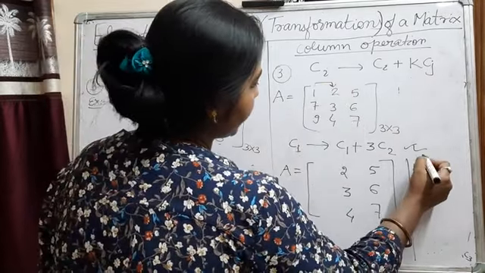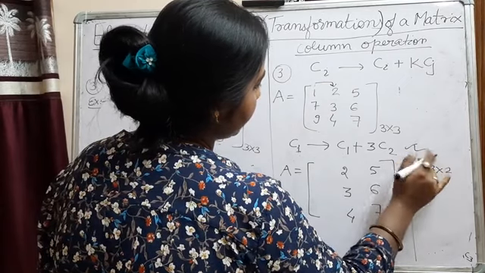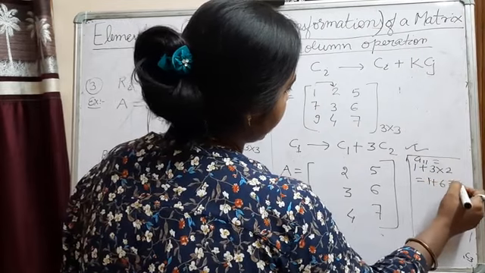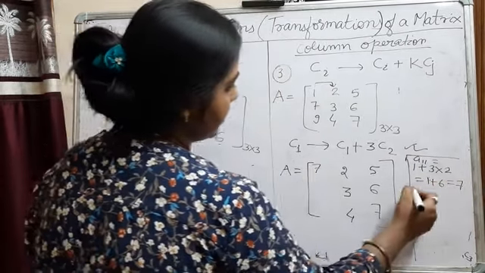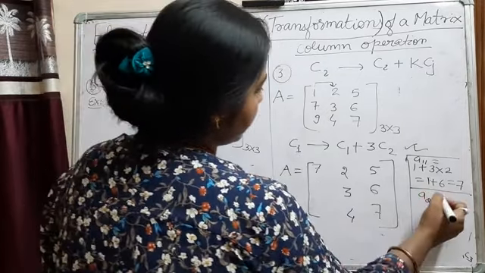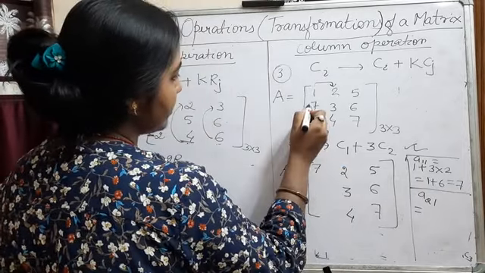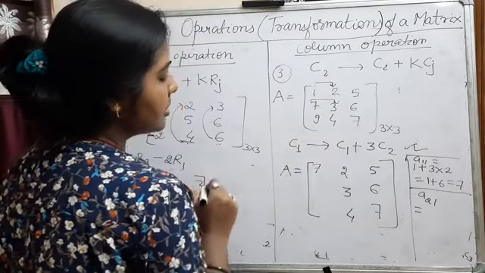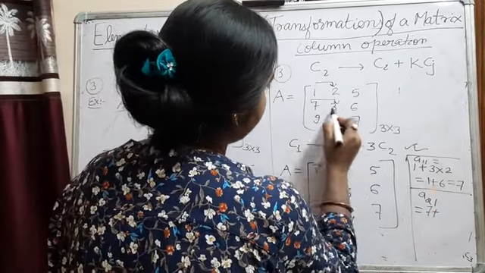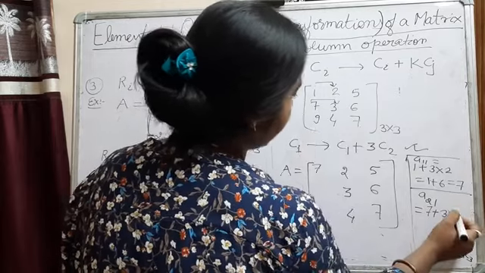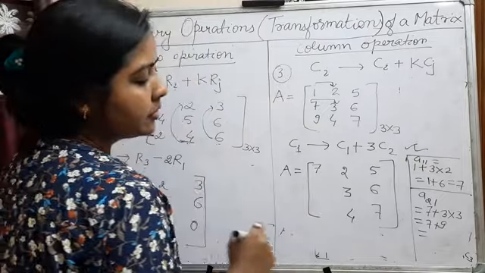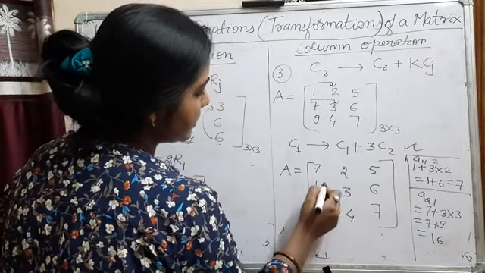So the resultant we are getting for C1 at the A11 position is 1 plus 6, that is 7. Then A21 is 7. Again we apply C1 plus 3 into C2, where C2 is here 3. So this is 7 plus 9, and the value we are getting is 16.